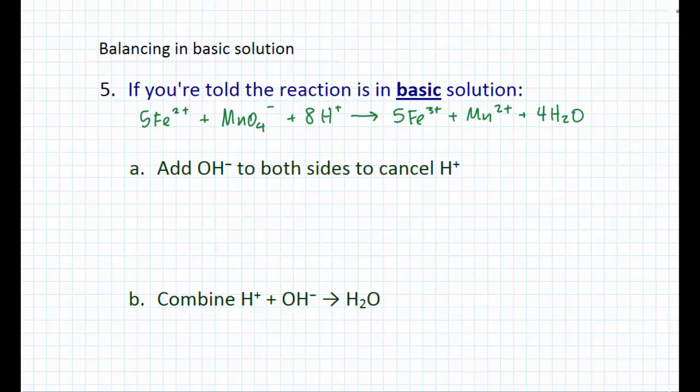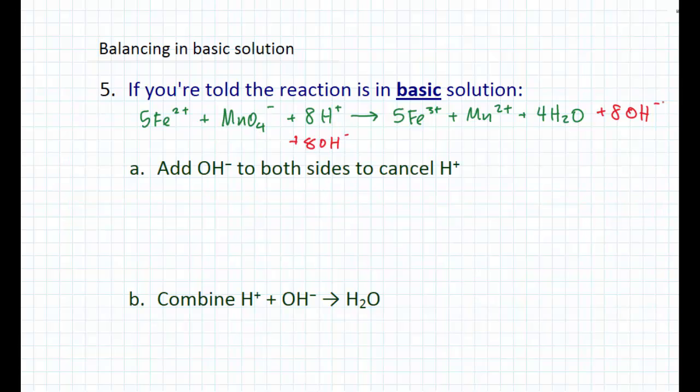All right. So how many OHs do we need to put on each side? 8 OHs. So let's just write them right here. Plus 8 OH minus, plus 8 OH minus. Okay. Combine H plus and OH minus to make waters.